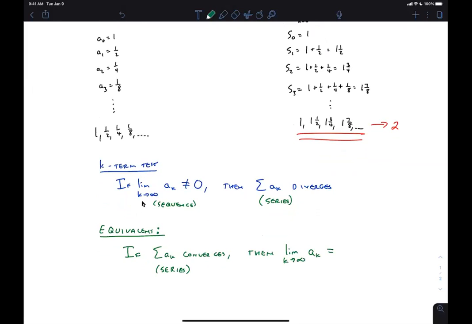Based on logically what we know, if this is true, then what would the sequence have to do? Go to 0. It would have to go to 0.